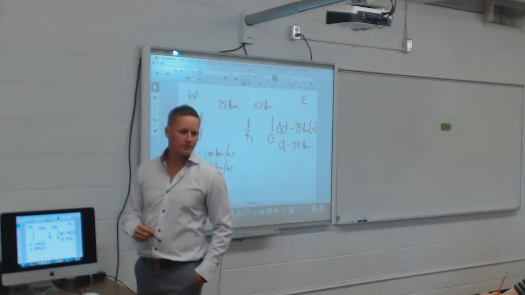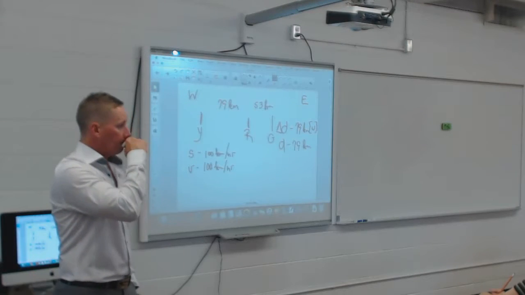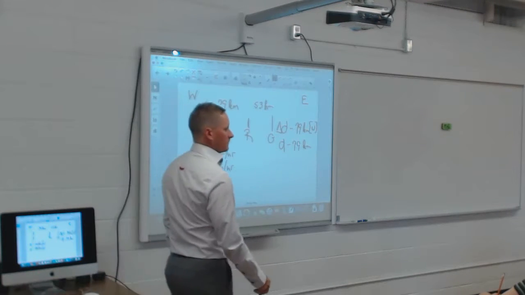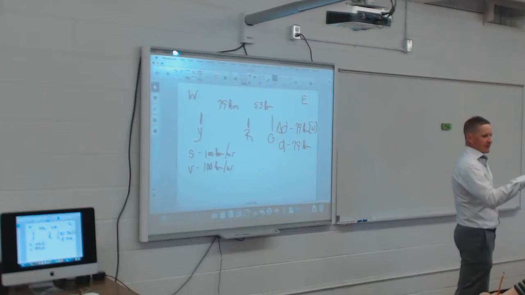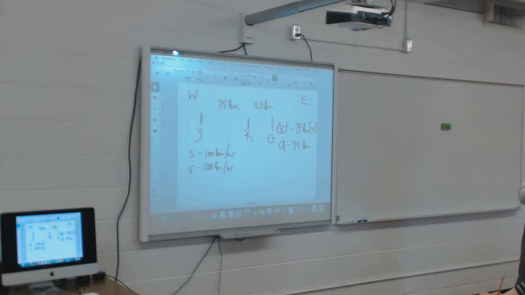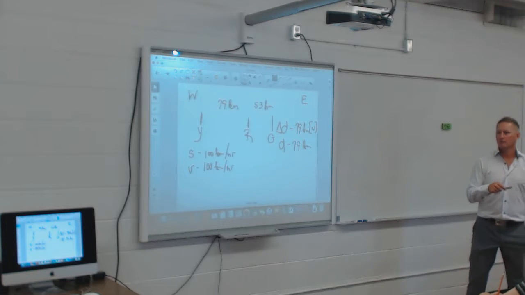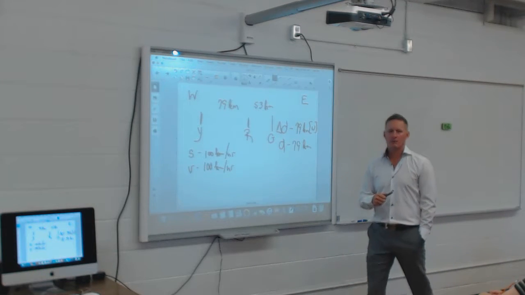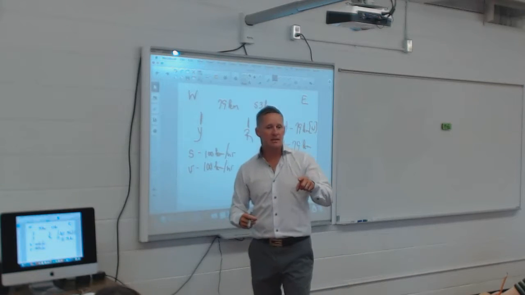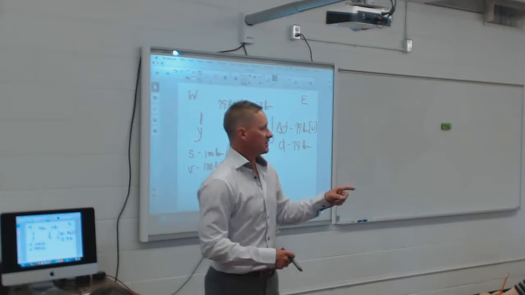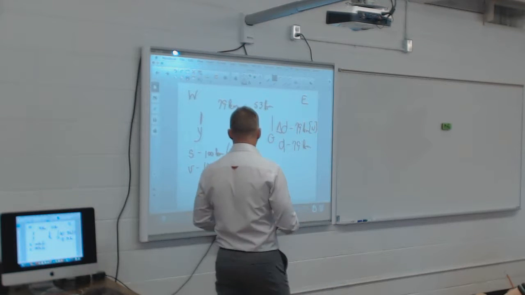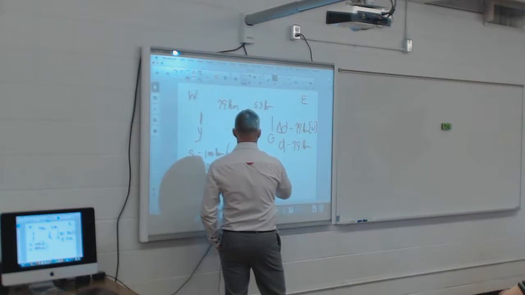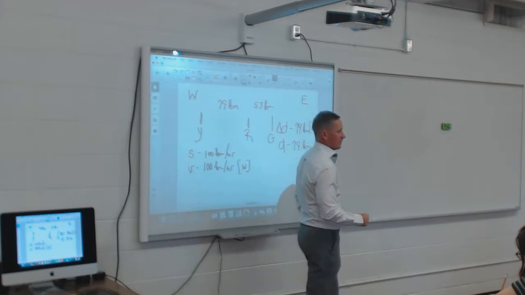Does that look right to you? Should my speed and my velocity be the same thing? No. Why not? Velocity has direction. The magnitude's the same and the units are the same, but I have to add a direction if I'm going to do this properly. Which direction was I going from Roblin to Yorkton? West. So 100 kilometers an hour to the west.